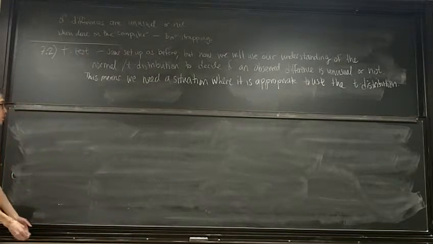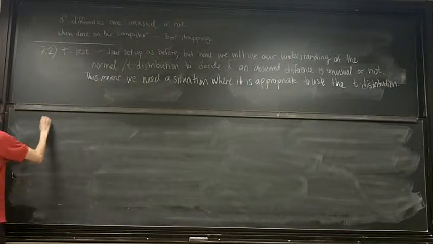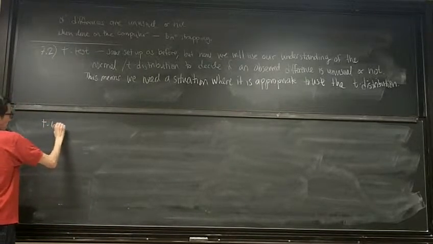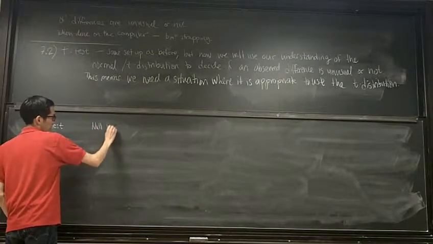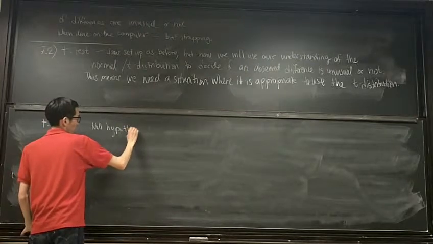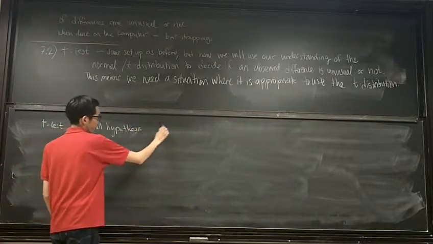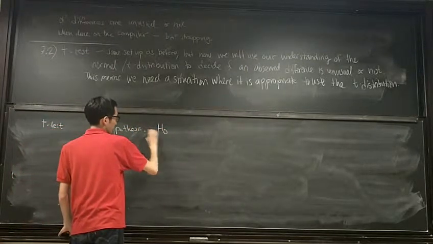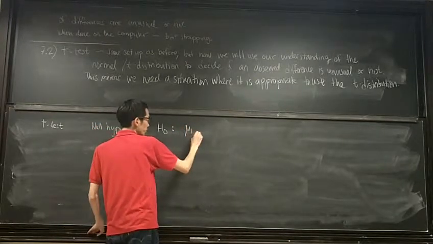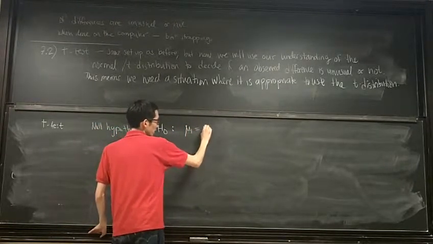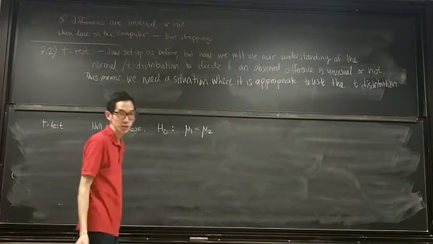So almost always for the t-test, our null hypothesis will be this: that the mean of population 1 is equal to the mean of population 2.